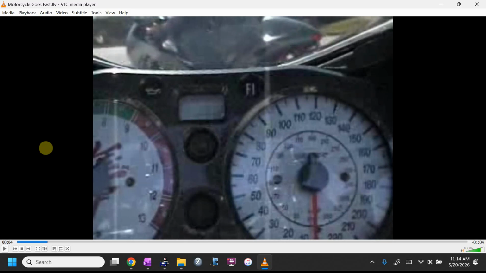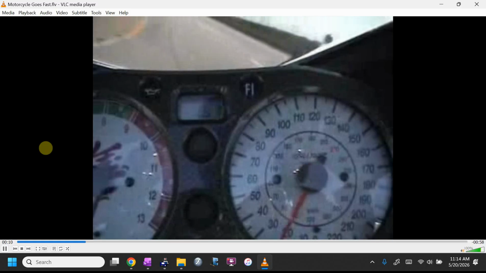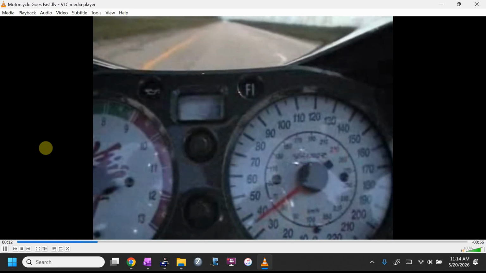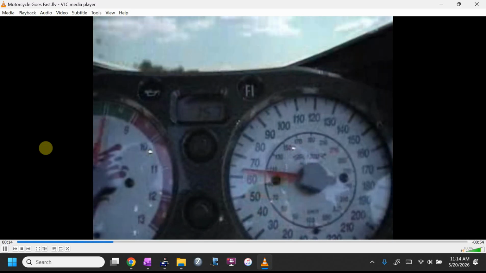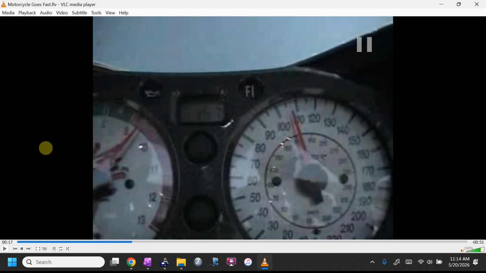It's from '07, so the resolution is lousy, but you can see the speedometer, which was important for the physics. Why are we seeing the sky?